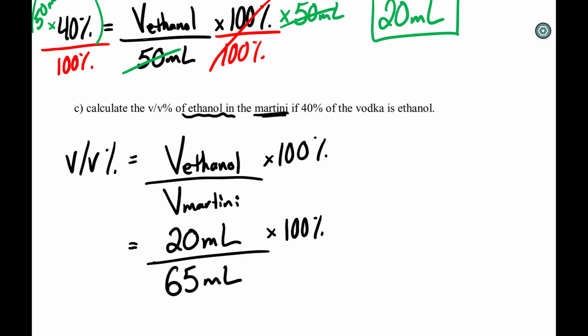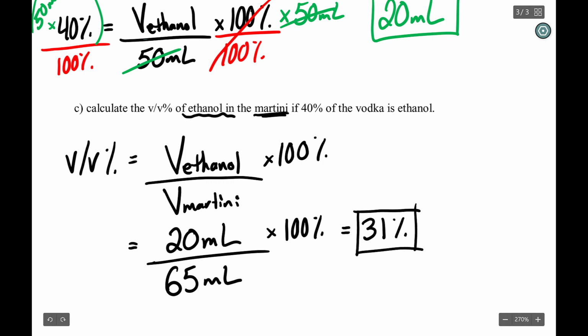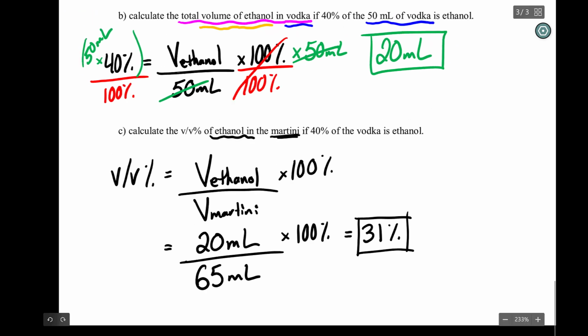So the percent of ethanol in the martini would be roughly 31% with rounding. So this was an interesting question.